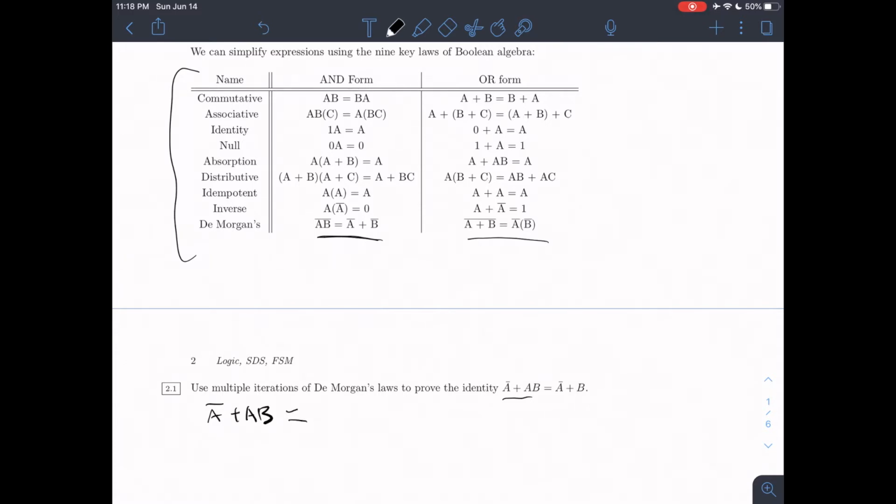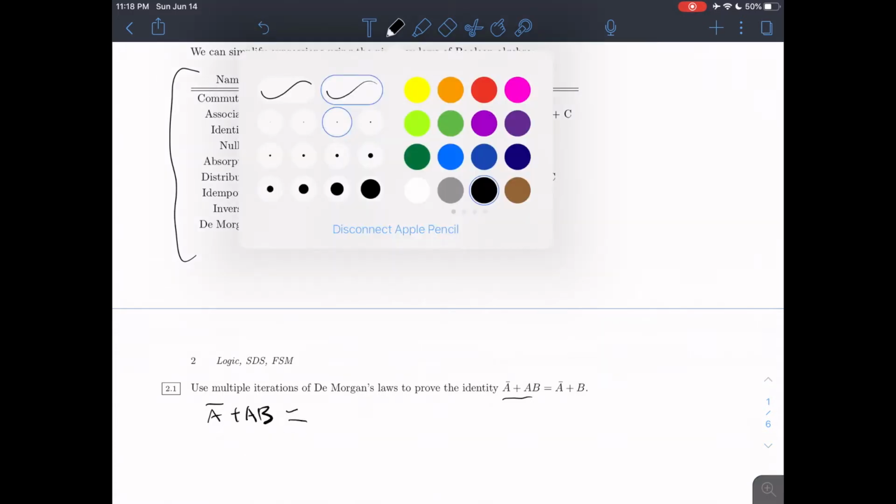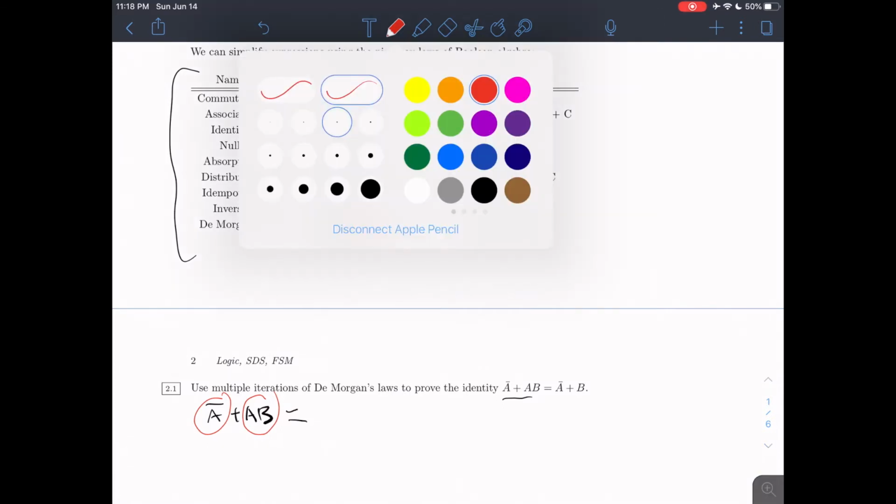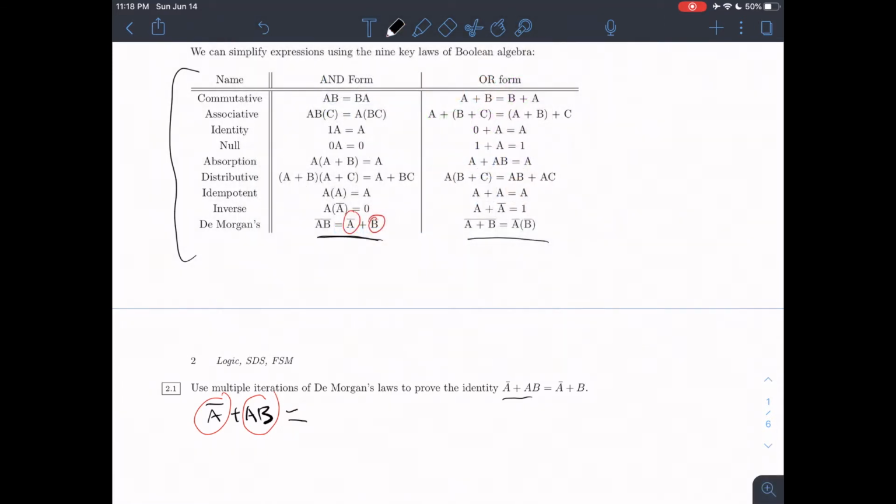If we treat this component as the B over here, and this component, not A, as the not A over here, then we're going to end up with not A, and for the B over here, this B is negated compared to the not B, so we're going to negate this expression. So it's going to be not AB.